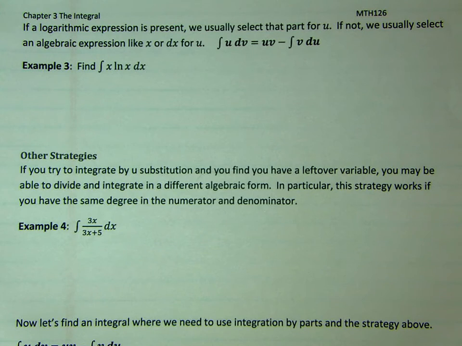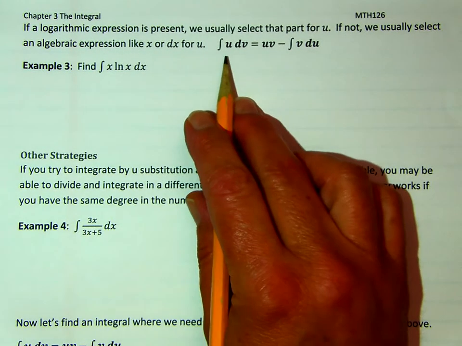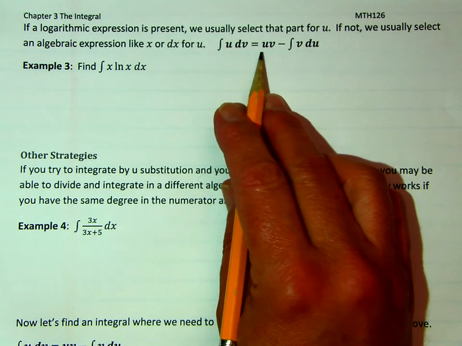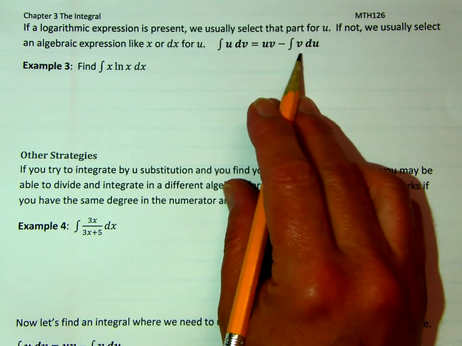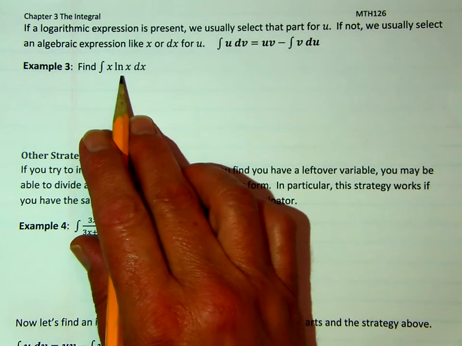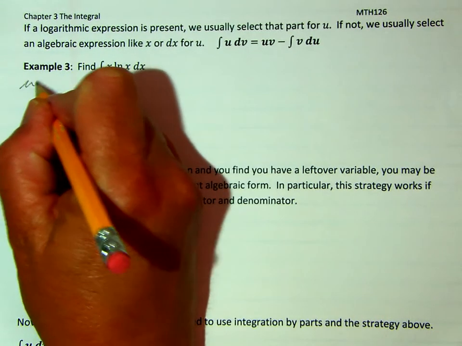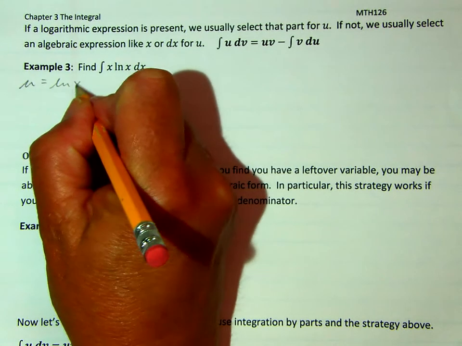If a logarithmic expression is present, we usually select that part for u. If not, we usually select an algebraic expression like x or dx for u. So remember, here's what we're looking to sub into. The integral of u dv equals uv minus the integral of v du. Here I have a logarithmic part, so I'm going to let u equal ln x.